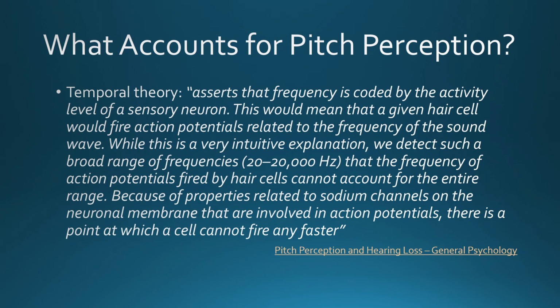We detect such a broad range of frequencies, so the human ear can detect 20 to 20,000 hertz, that the frequency of action potentials fired by hair cells cannot account for the entire range. Because of properties related to sodium channels on the neuronal membrane that are involved in action potentials, there's a point at which a cell cannot fire any faster.